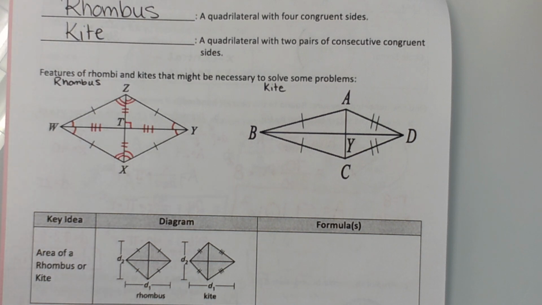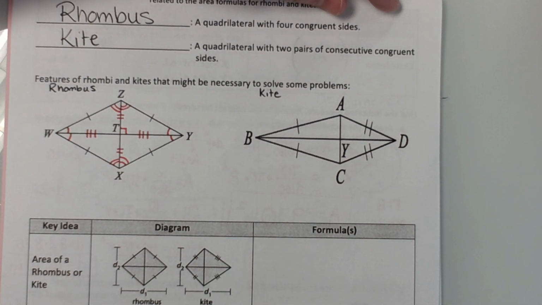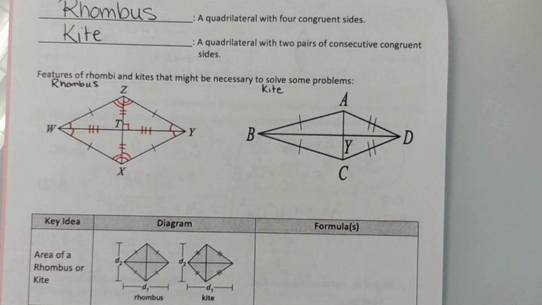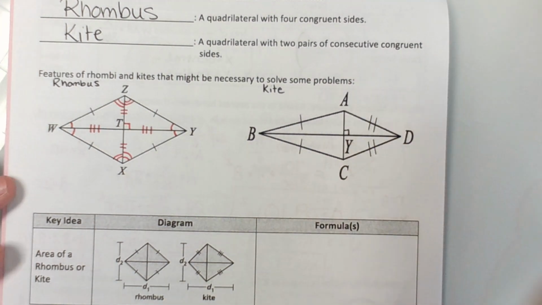Kites have fewer things. Kites' diagonals are also perpendicular, so they do also get that right angle.